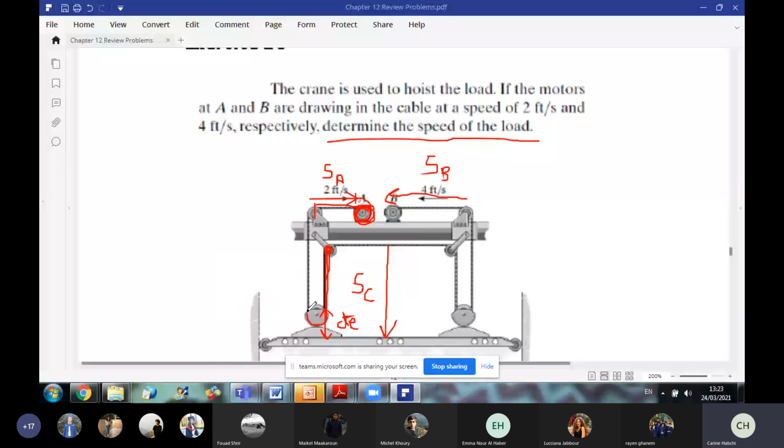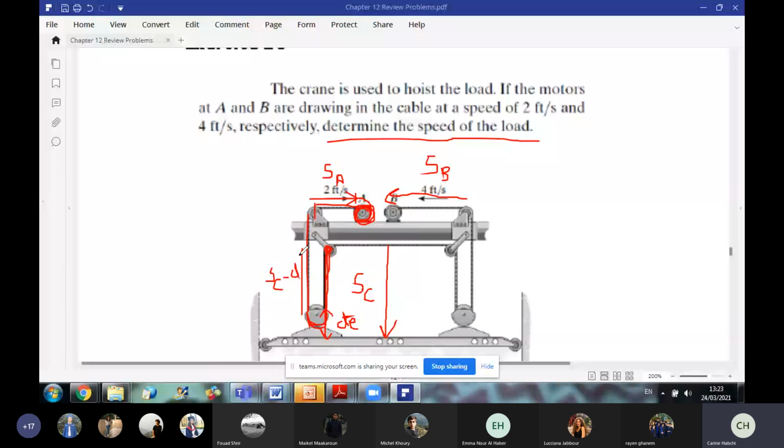Rolling over the pulley is also a constant, so I will include it with the constants. From this point to the point that is up, from here to here, it is SC also minus a constant. As we said, all constants will be lumped in one value.